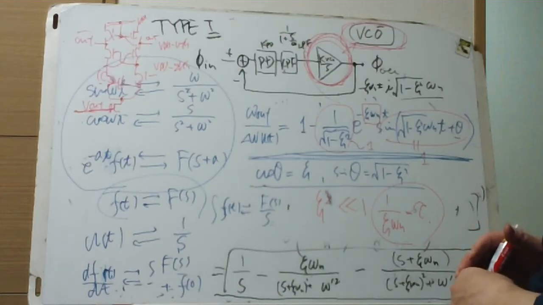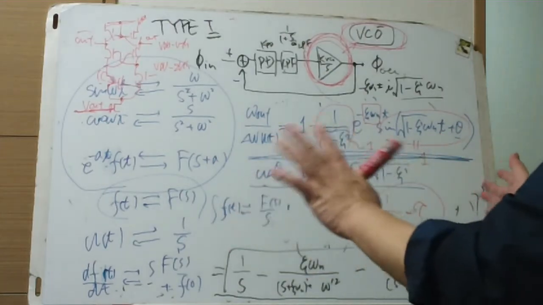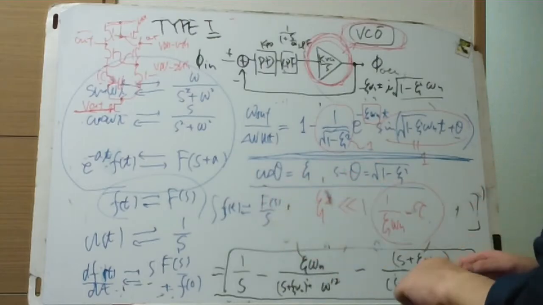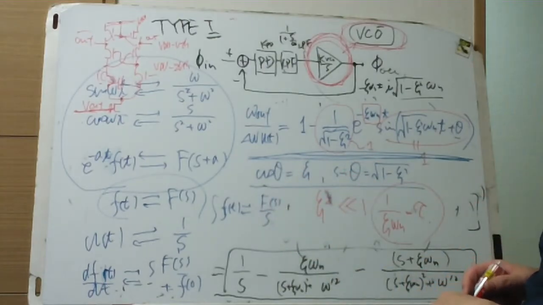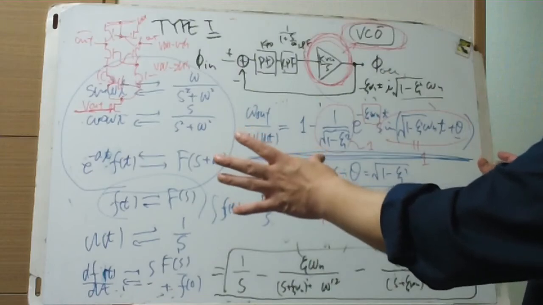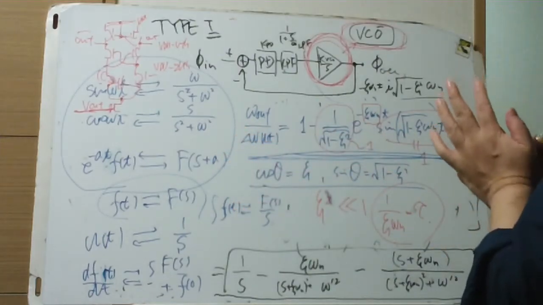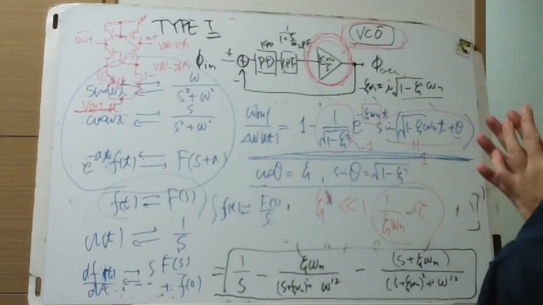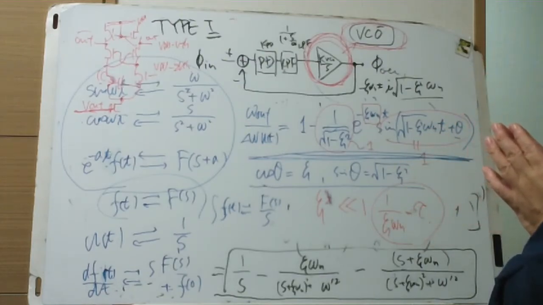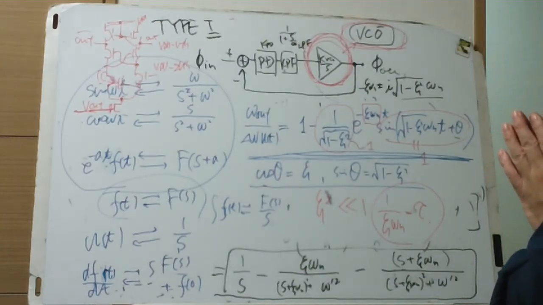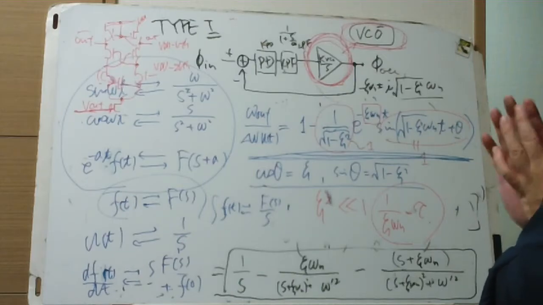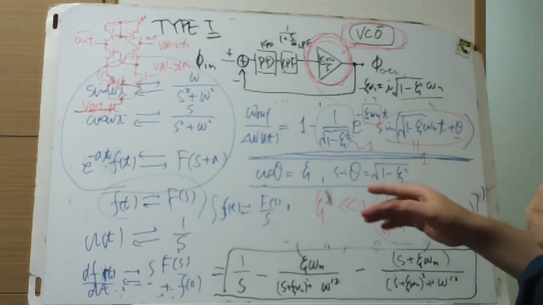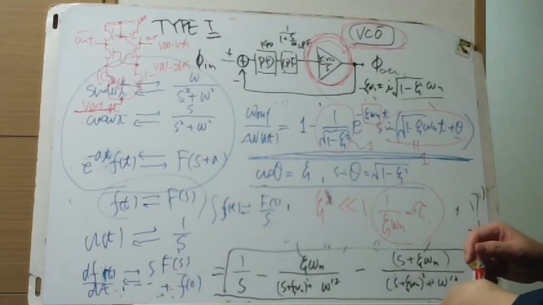So there are more and more topics with this PLL. So just the basics and almost elementary concepts and calculation for concepts. You need to remember this just for type 1, and there's another type 2 described in this textbook.